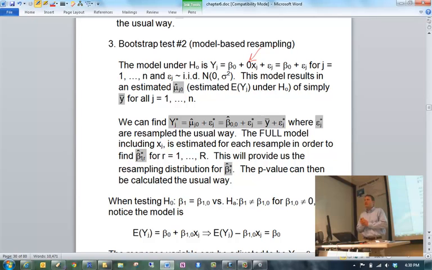So I'm going to need to, first of all, estimate my model under the null hypothesis. So I want to get y hat_j equal to beta hat 0. Now notice I have a j on y, but I have no j's on the right-hand side. So what is my estimate of y, or I guess you could say mu, for every single observation?